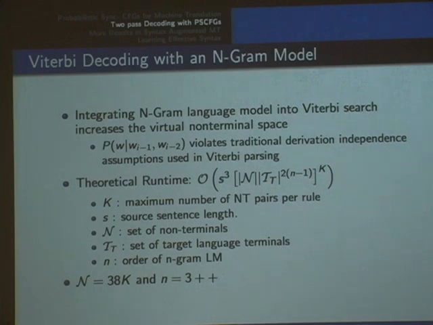One is the maximum number of non-terminal symbols that could be in each rule, and also the order of the Ngram language model, as well as the number of non-terminals we'd like to represent. And in some of our work, we've actually tried to build systems that involve using a very large number of non-terminal symbols. So 38,000 non-terminal symbols, and using Ngram language models of 3 and higher.